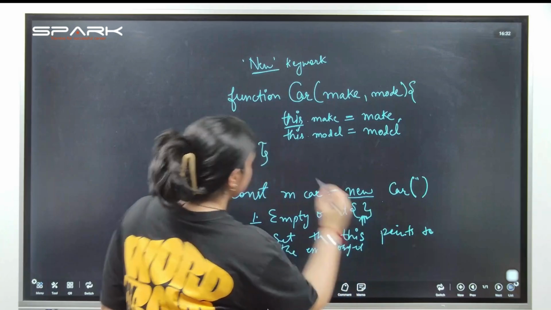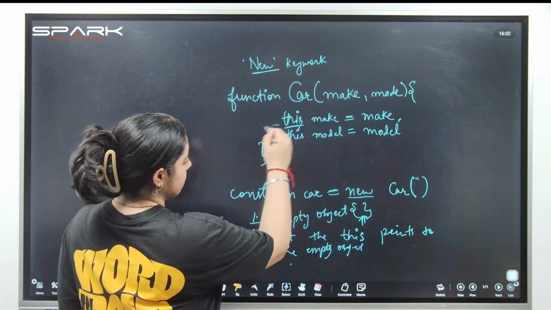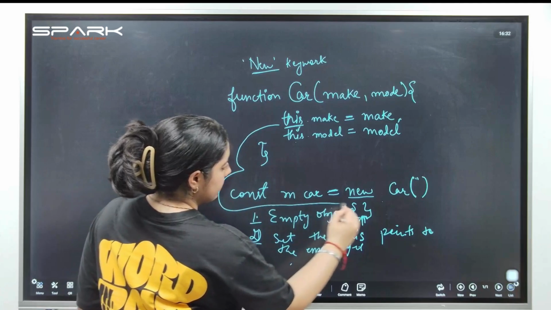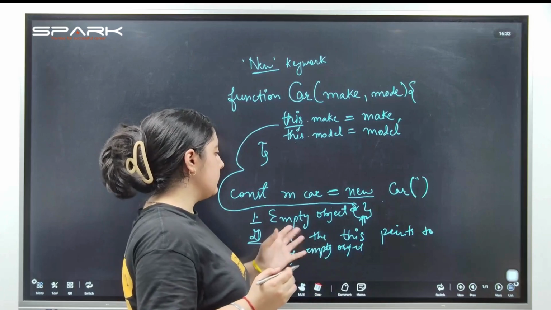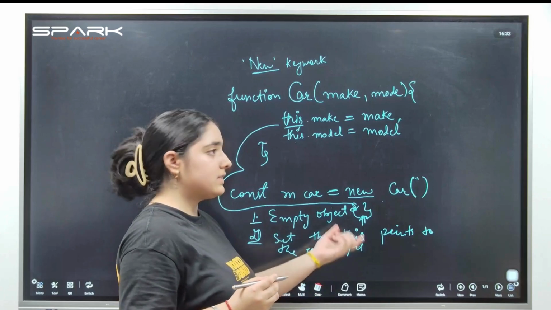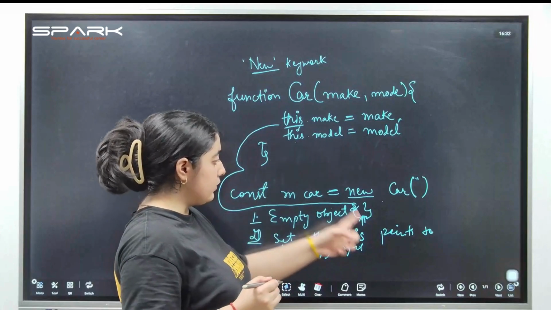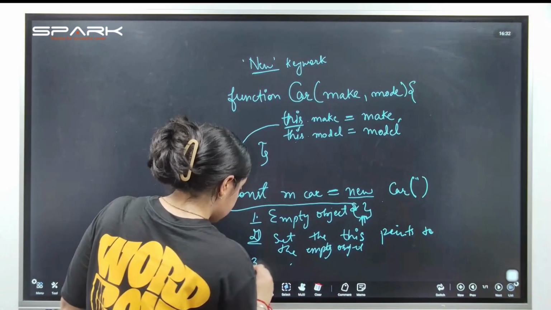So once an empty object is created, the next step is that it sets the this value to the empty object.